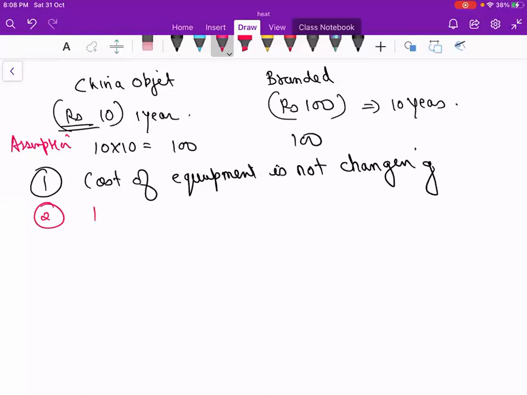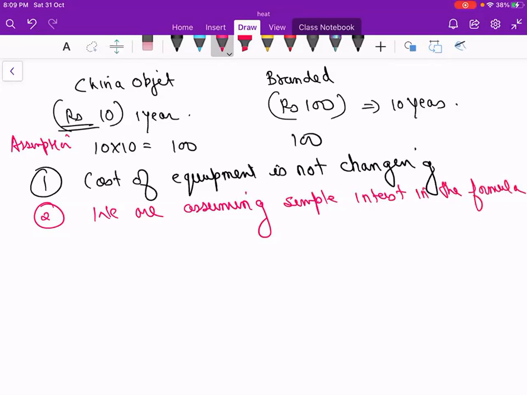And second assumption, we are assuming simple interest in this formula. Because if it is compound interest, obviously this is going to increase the cost.